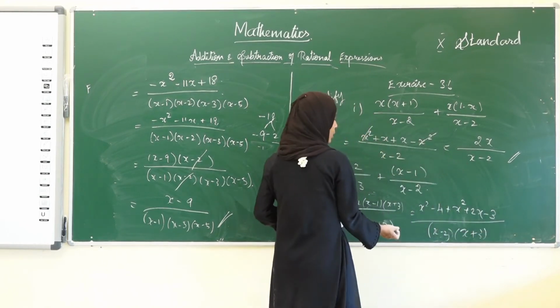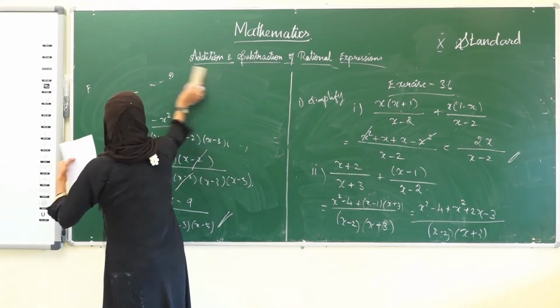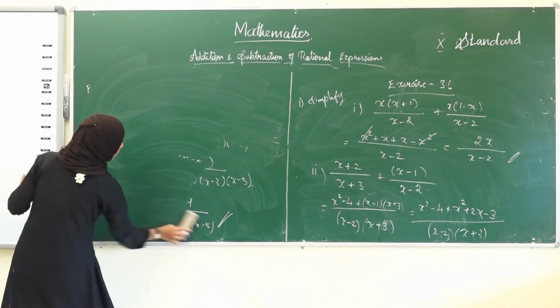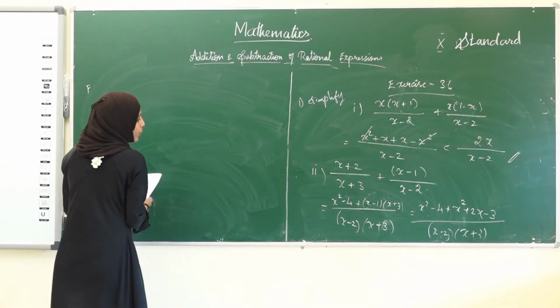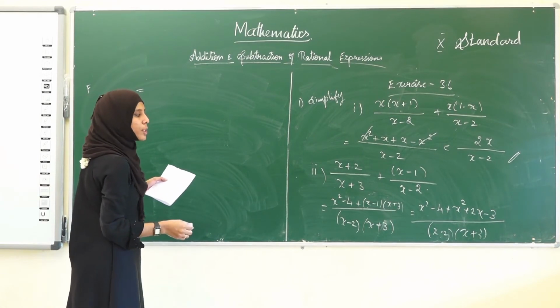Okay, now we are going to solve this. See the numerator. What value do we have in the numerator? x square minus 4 plus x square plus 2x minus 3.